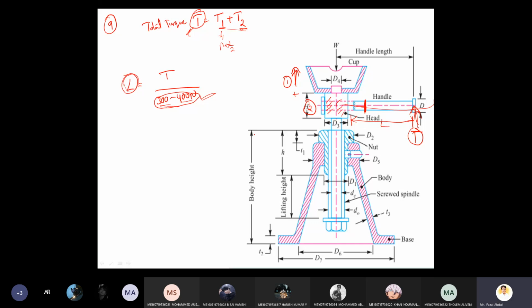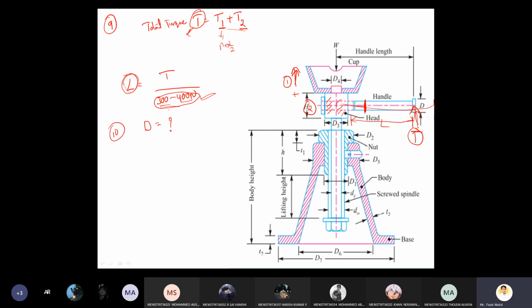Now the tenth one: diameter for the handle. The handle diameter is denoted by capital D. So this one we are calculating.